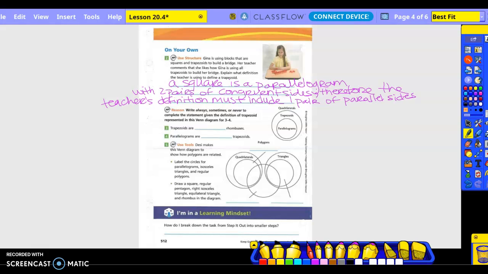Does a rhombus have at least 1 pair of parallel sides? Yes, but it's not inside the parallelograms one, so it would be sometimes. Parallelograms are what? It's inside that other bubble, so it would mean always.